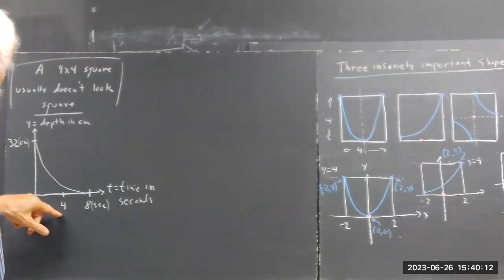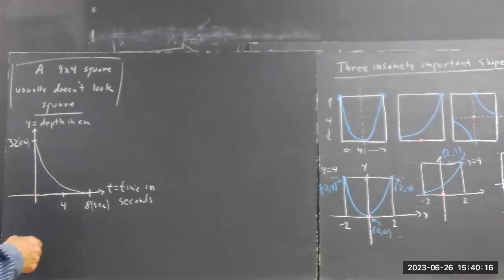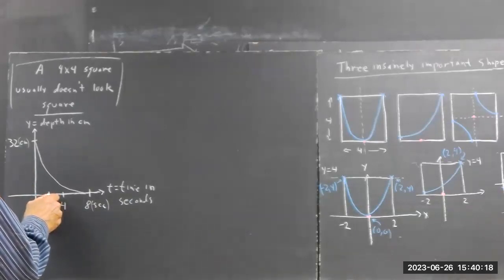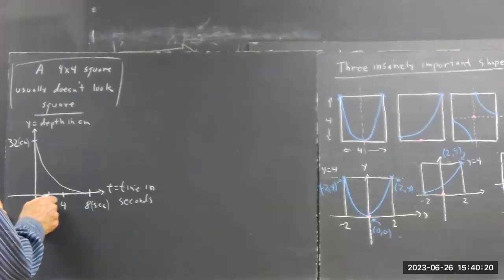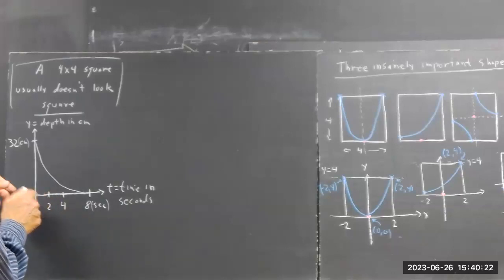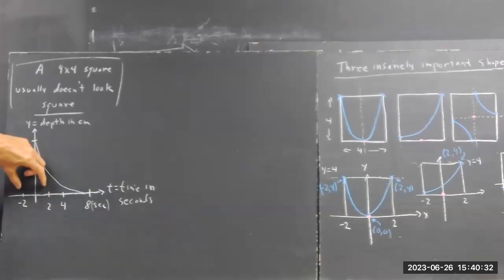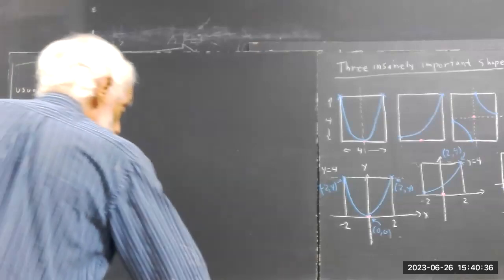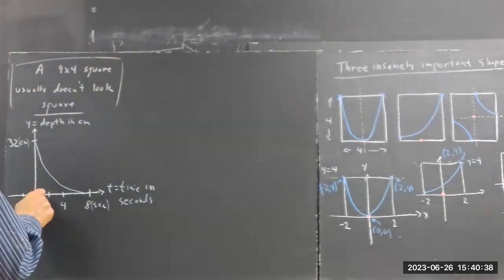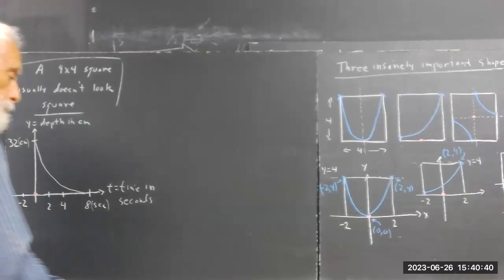So I'm not going to put units on the rest of the numbers. Anyhow, there's 4. And here's 2. And of course, if this is 2, then -2 will be an equal distance on the other side of the axis. Okay, so right here is the base of our 4x4 rectangle, which of course has a red dot at the origin.